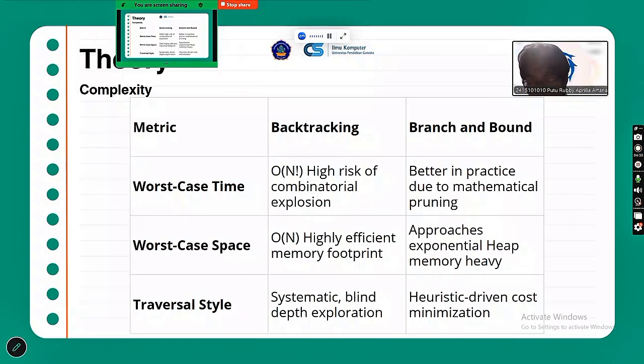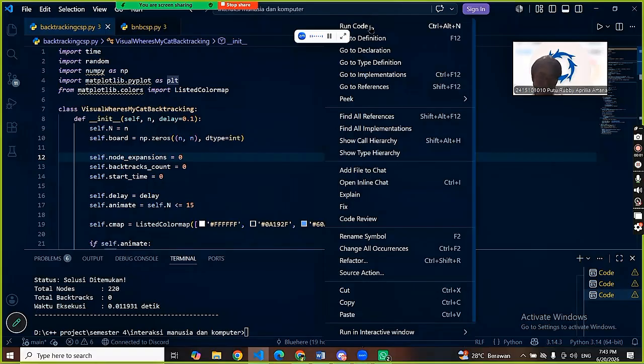For the worst-case space, backtracking is O(N), a highly efficient memory footprint, while branch and bound approaches exponential, heap-memory heavy. And then for the traversal style, backtracking is systematic blind depth exploration, and branch and bound is heuristic-driven cost minimization.